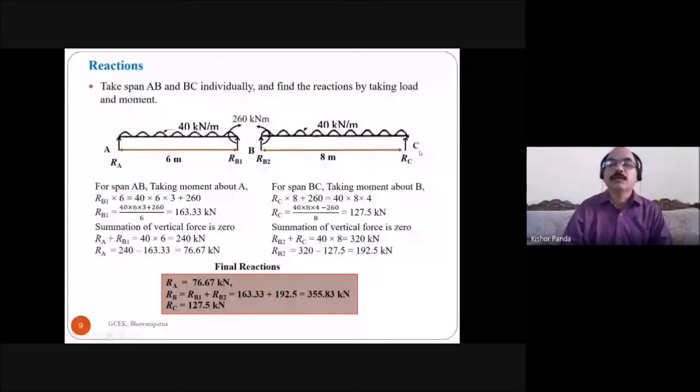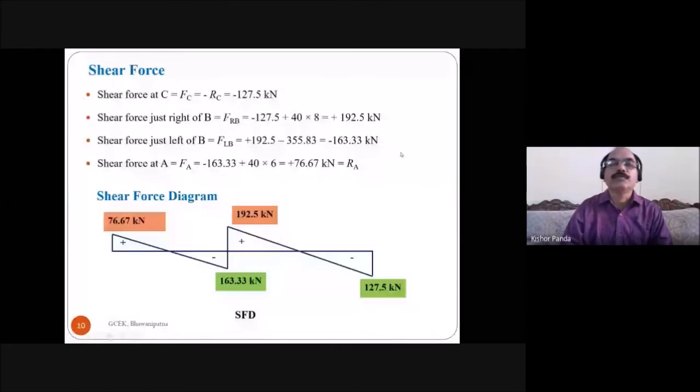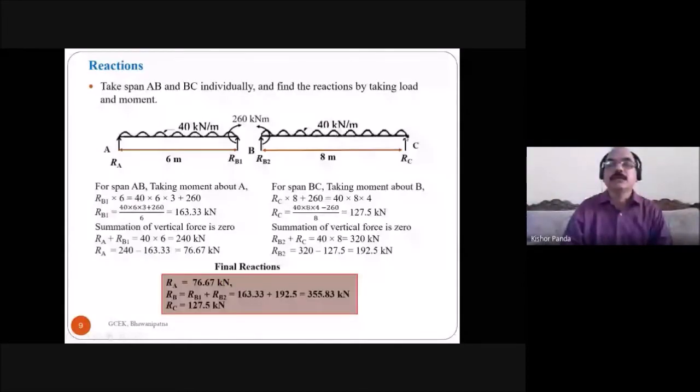Because you are considering the right side upward force, this is negative. So the shear force at C is FC equal to minus RC, minus 127.5 kilonewton.